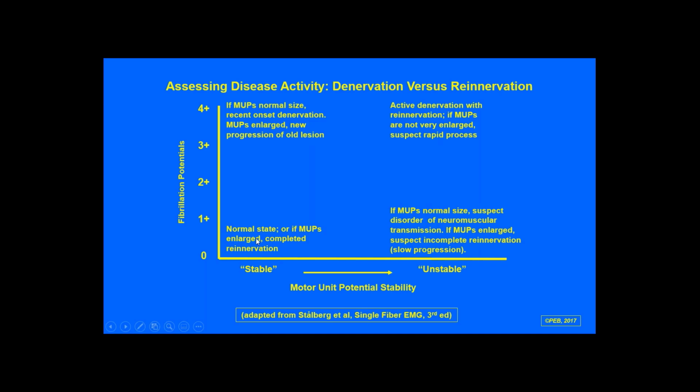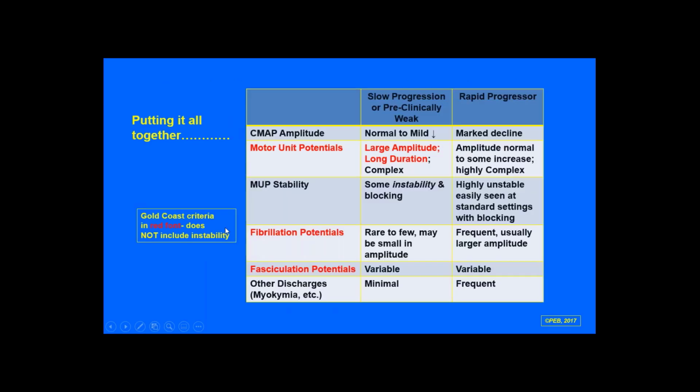Say a person who had a radiculopathy operated on, and there's no more active denervation, and over a number of months reinnervation of the orphaned muscle fibers is completed, and that would be down here. So putting it all together, at least with the gold criteria in red font, for the MUPs they want large amplitude, long duration.